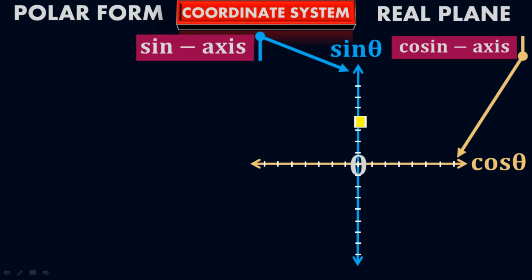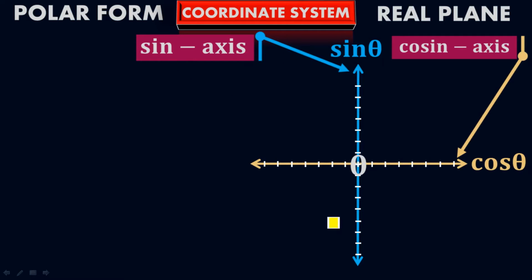Similarly, this vertical blue line is called the sine theta, so we call it the sine axis. It represents all the angles along this vertical line in sine form. So this vertical line deals with the sine theta, this horizontal line deals with the cosine theta. That's why we call it the cosine axis and sine axis.